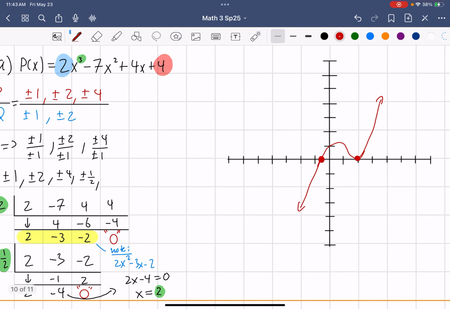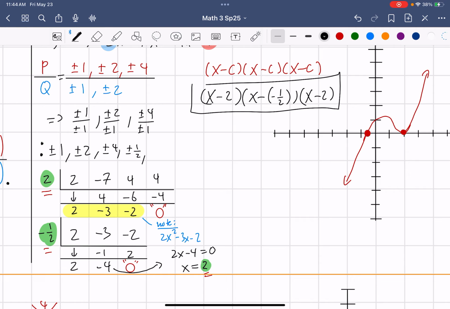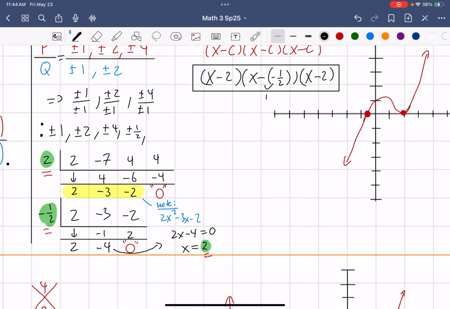So because this has 3 zeros, that is also the same thing as saying it must have 3 factors, which all you have to do is input these factors. So this is going to be x minus 2, x minus negative 1/2, and then another x minus 2. And this is the factored form of that polynomial. Don't forget, these two negatives become positive.